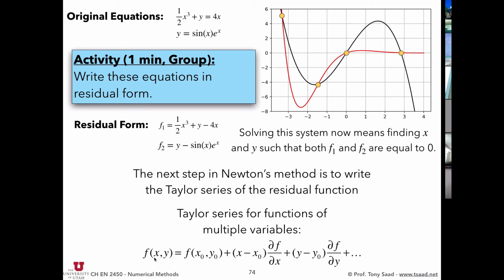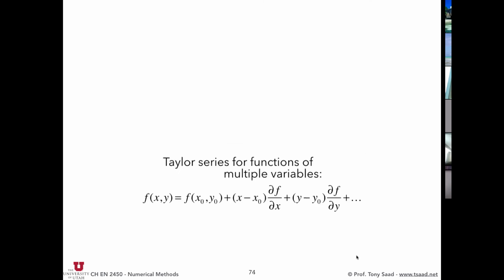So if you have a function f of x, y, the Taylor series will look like the function evaluated at the point x0, y0. Then you start expanding in each direction. In the x direction, you get x minus x0 times df by dx. And in the y direction, you get y minus y0 times df by dy. It gets more complicated with higher order terms, but we're not going to be interested in them because of the next step. But keep that in mind. So that will be the general recipe.